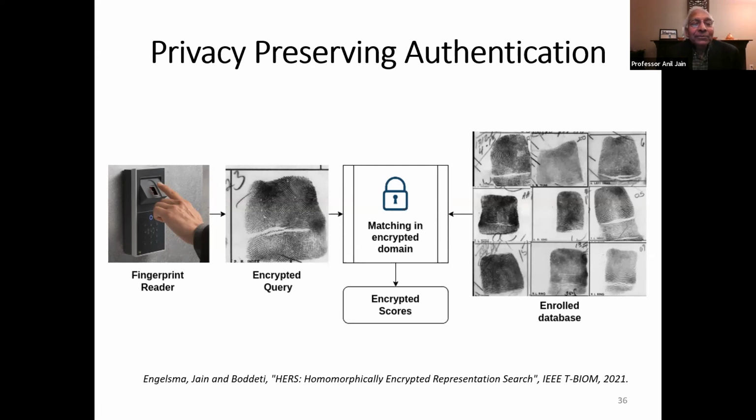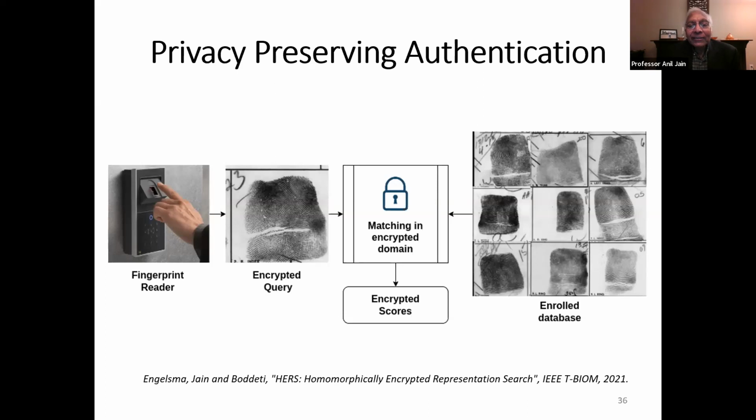So the image which comes out of the reader is an encrypted query. The database images or enrolled database images are all encrypted. And typically, when you do the matching between the query and the database images, you have to decrypt the images and then do the matching.